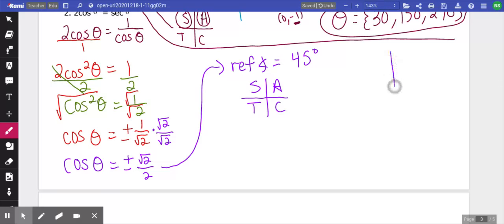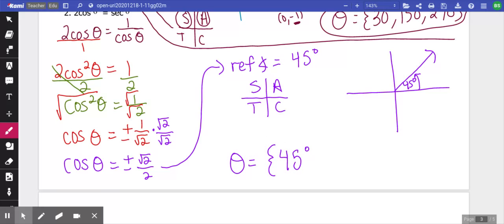So you could draw a set of axes. Okay. First quadrant, nice and easy. It's always the reference angle. We love that. All right. So I'll start a list over here. Theta equals 45 degrees. Okay. In the second quadrant, okay, 180 minus 45 is 135 degrees.